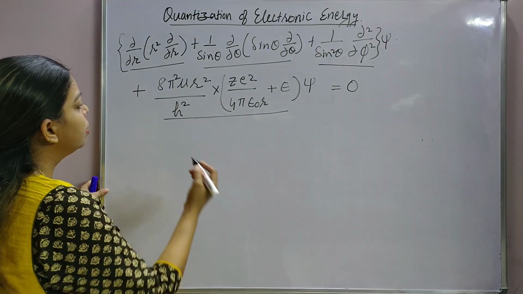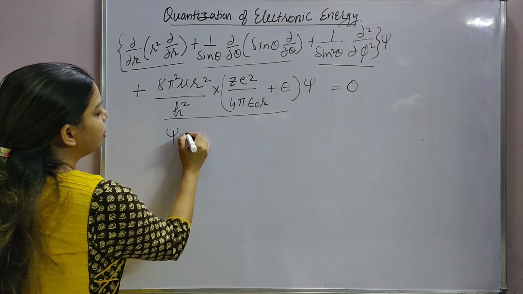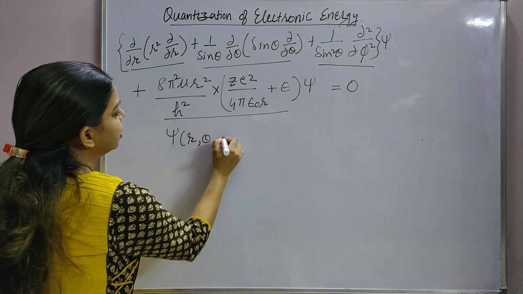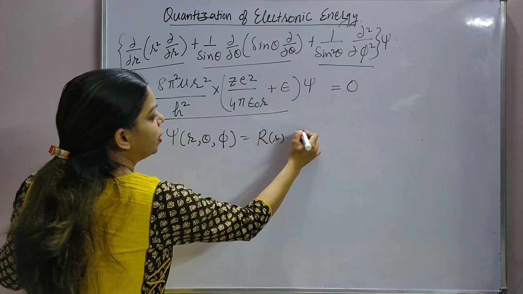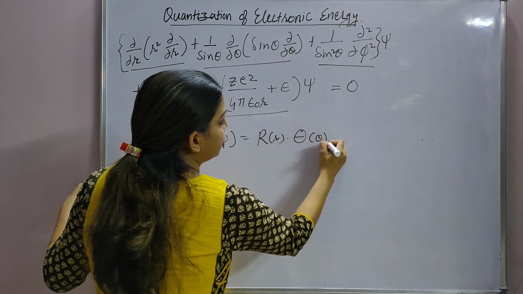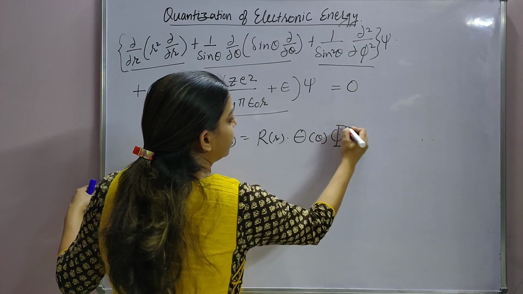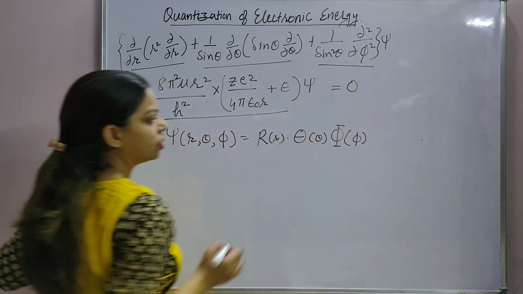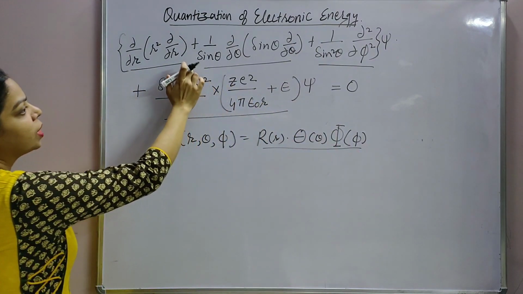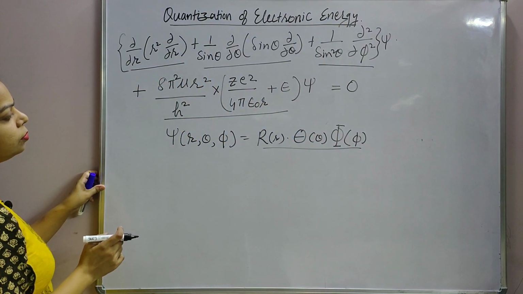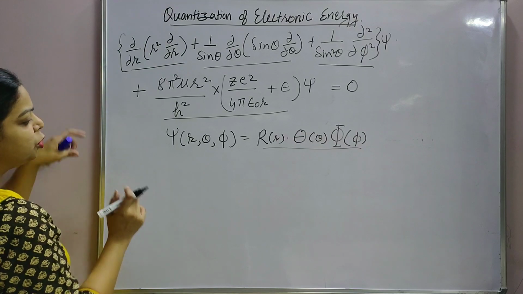So again we will substitute the value of psi, which is a function of r, theta and phi, equal to some separate functions which separately are the functions of r, theta and phi. So when I substitute this value over here in this expression, substituted.